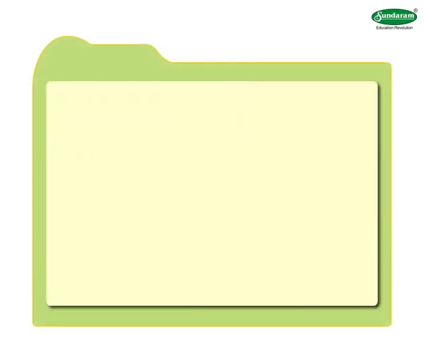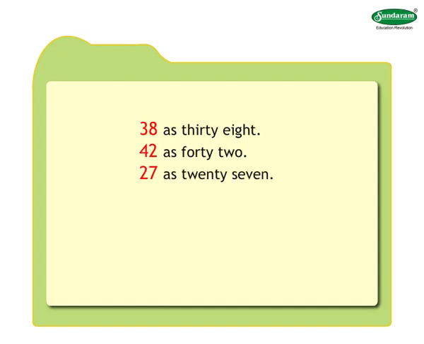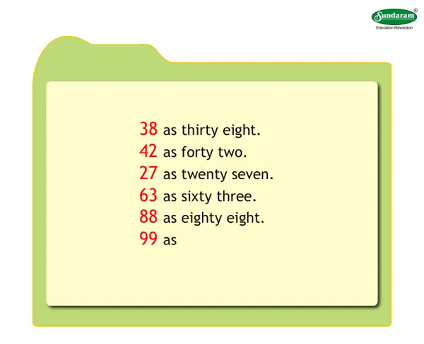Thus, read 38 as 38, read 42 as 42, read 27 as 27, read 63 as 63, read 88 as 88, read 99 as 99, and finally read 100 as 100.